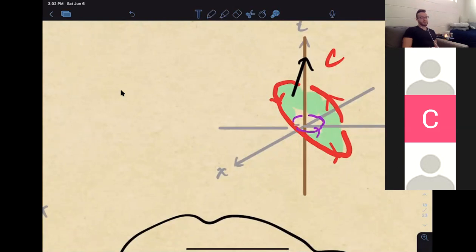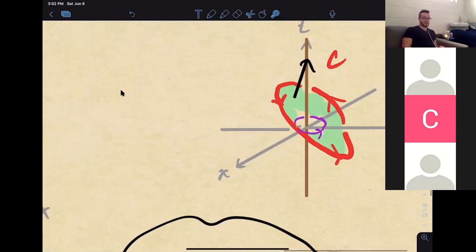So the real reason that I excluded the y-axis in this part of the solution was so that I could define this surface. Otherwise, I wouldn't have been able to define my green surface, if that makes sense.